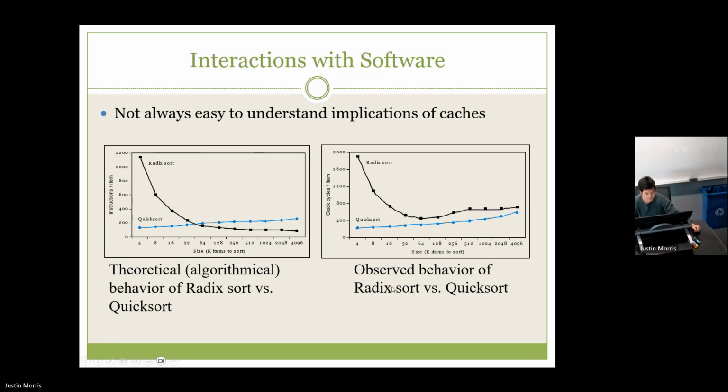But if we actually use a real CPU and measure performance based on these different numbers of items to sort with quick sort or radix sort, then we can see that in actuality, we have the right shape, but we don't perfectly match. This can be because of a lot of reasons, but one of the larger reasons is because of caching.